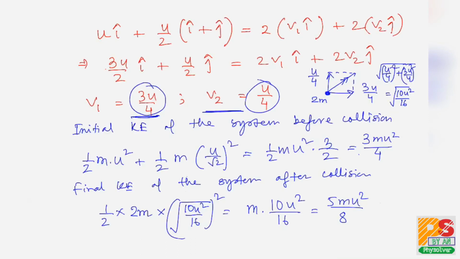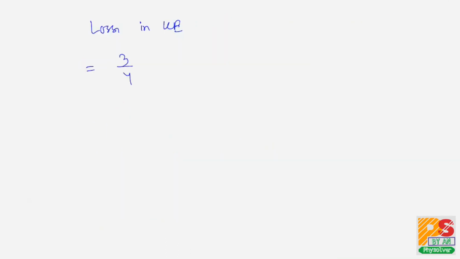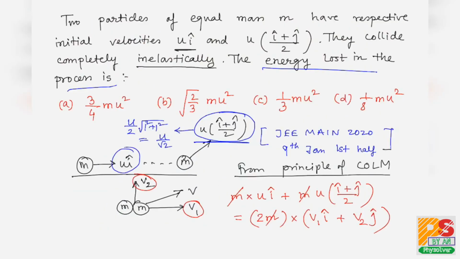So loss in kinetic energy is initial kinetic energy 3 by 4 m u square minus final kinetic energy 5 by 8 m u square, which is nothing but m u square divided by 8. So the correct option is option D.